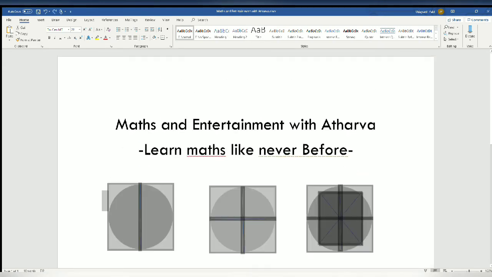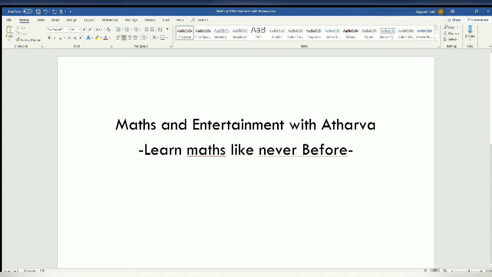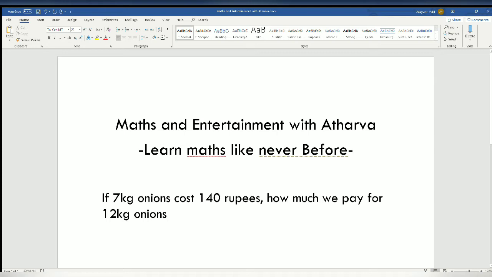We shall delete this. Let me adjust the font so you can see it nicely. So this is the example. In this example, we shall use the unitary method. Let's take 7 kgs of onions.